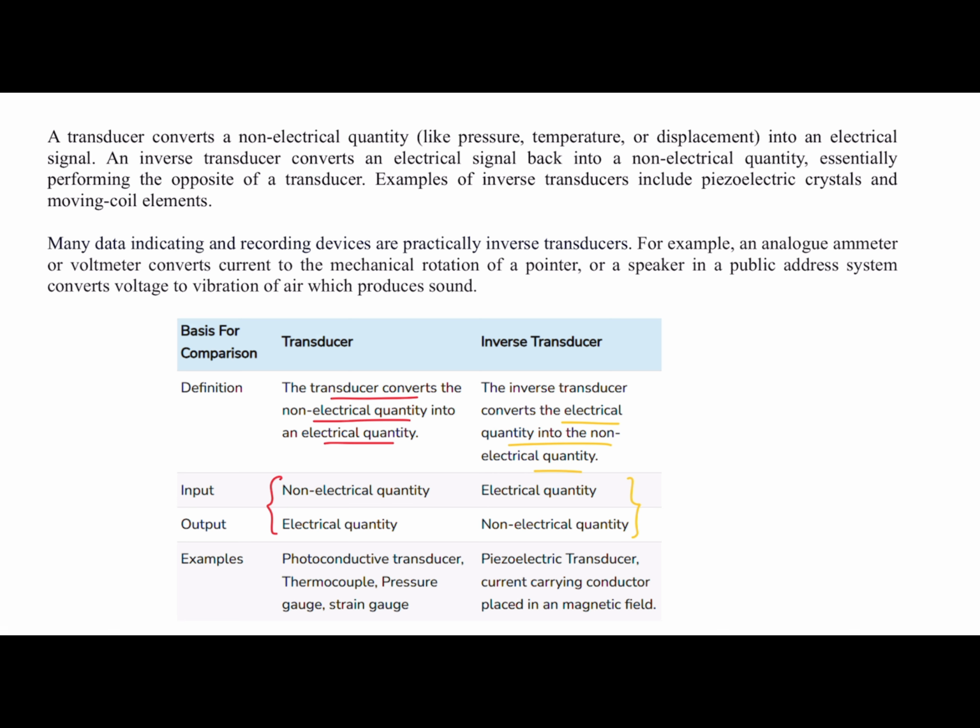Many data indicating and recording devices, so recording devices are practically inverse transducers. Statement A. A transducer converts non-electrical quantity into electrical quantity. Statement A is correct. Statement B. Inverse transducer converts electrical quantity into non-electrical quantity.